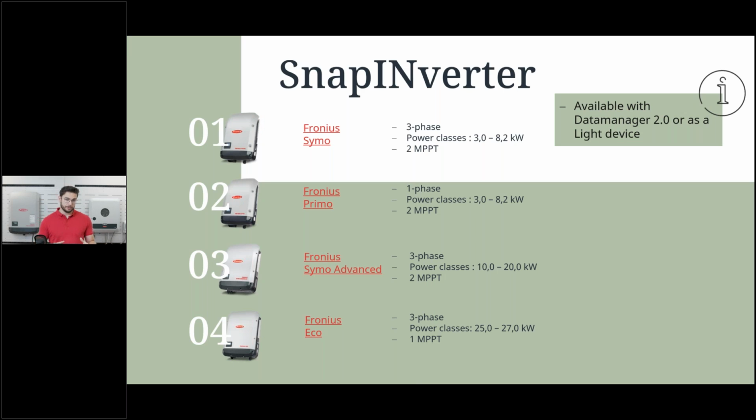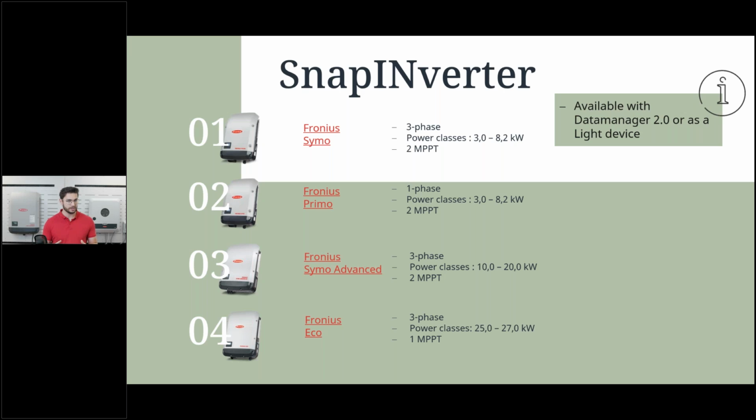Now, on the SnapInverter side, we only need to know that there are different types, different phases. For example, we have the Symo inverter for three-phase and the Primo for single phase. And the most important thing for our webinar today is that there is a light version available, which does not have a Data Manager 2.0 card implemented.